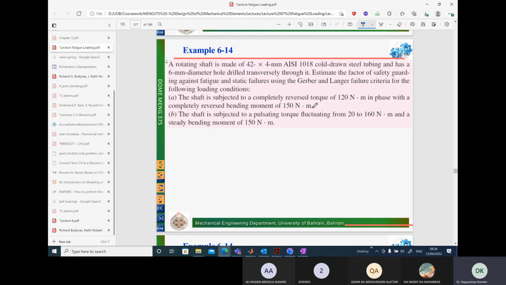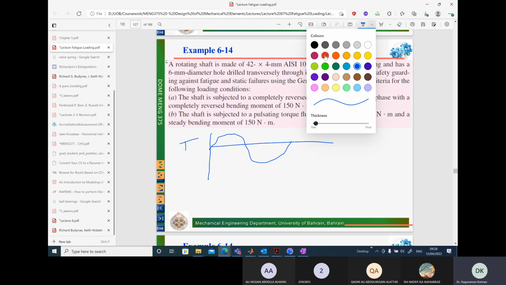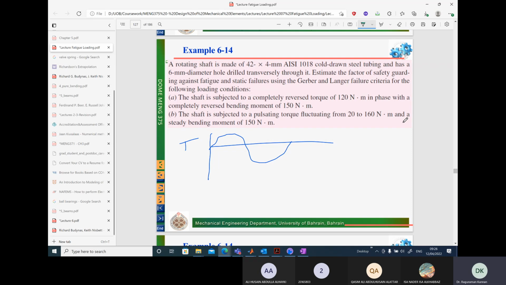Why is it given in phase? Otherwise, the situation will be more complicated. If you take the torque applied like this, and let's take the blue color to be torque, and on top of it, I'm going to draw the bending moment, and the bending moment is also in phase, so same frequency.